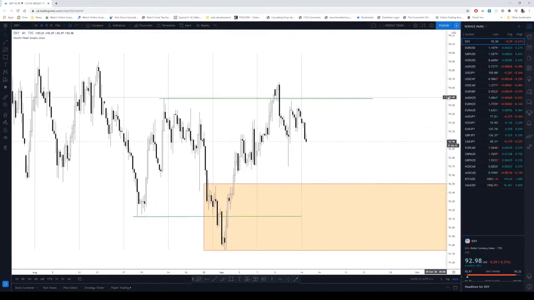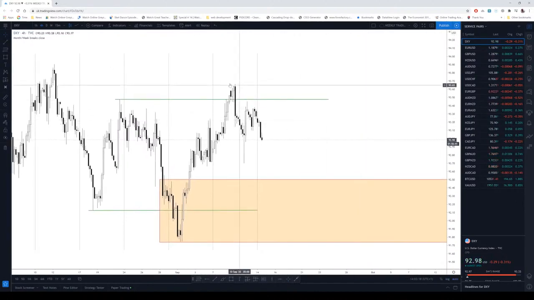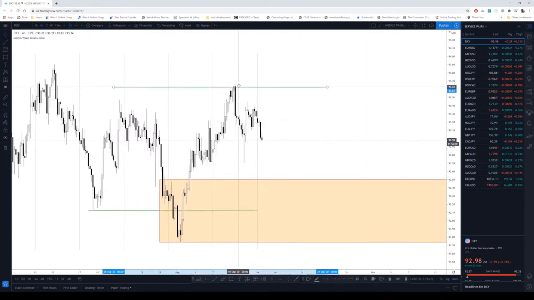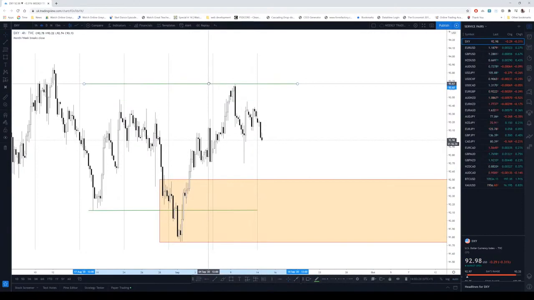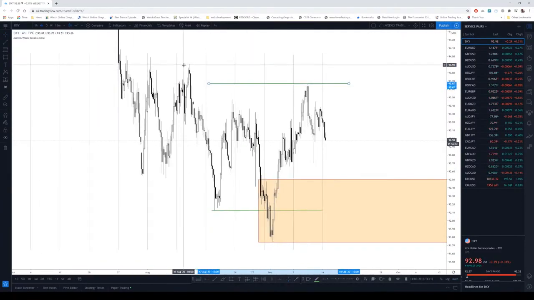So the way I'm looking at the market this week is I'm looking for a run above this high, which is last week's high, and possibly a run above that high as well. We've already been here, and then we dropped down.